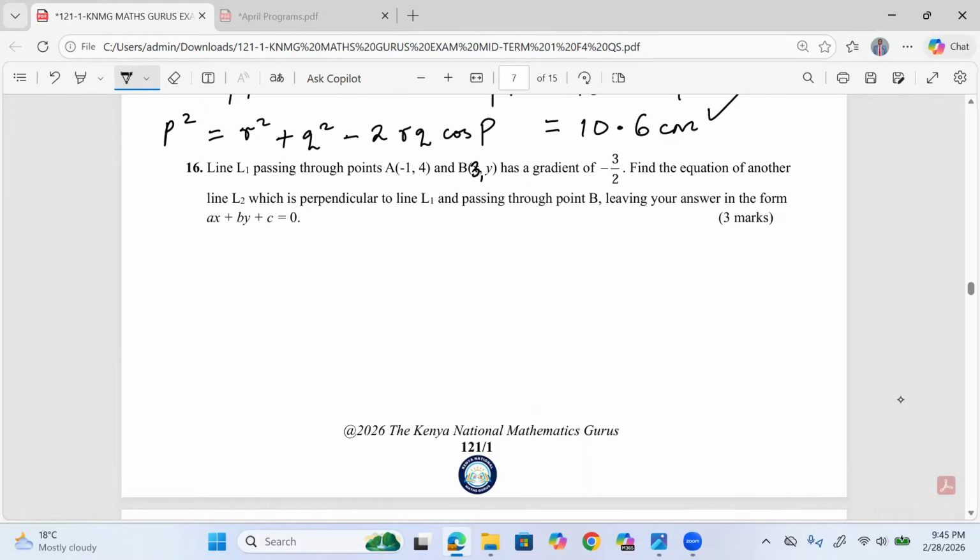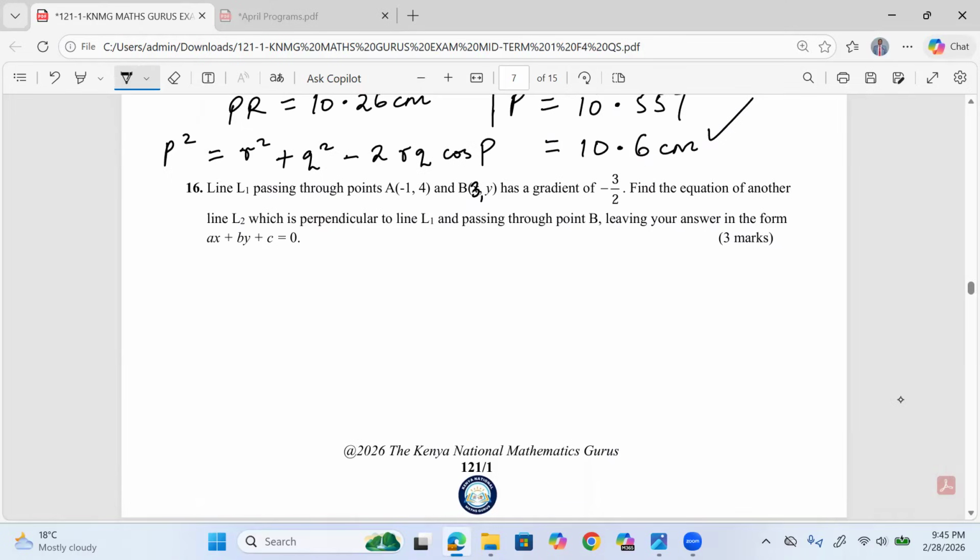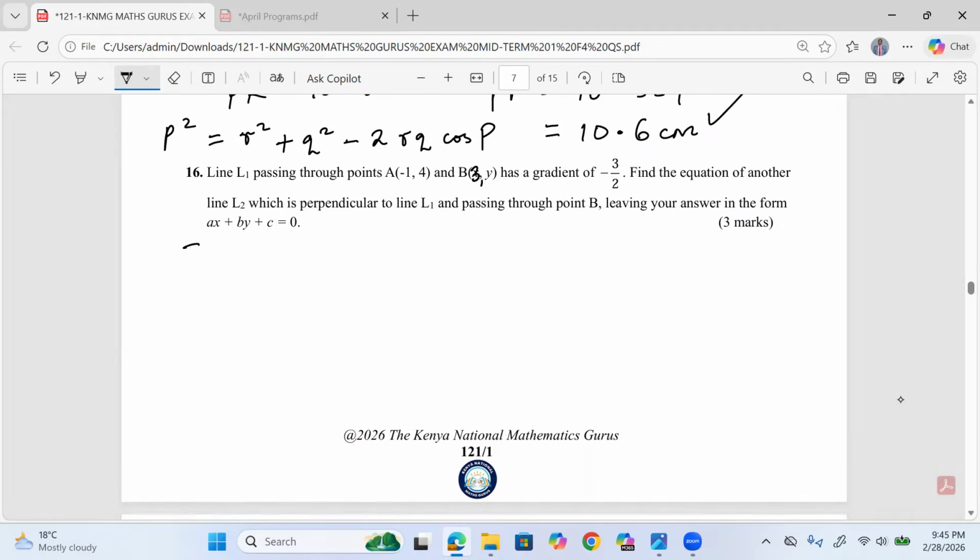Okay, let's check this. We have the gradient for the first line, and we are having coordinate A given, but the coordinate B is given partially. We know that the value of the gradient is given by change in y over change in x.